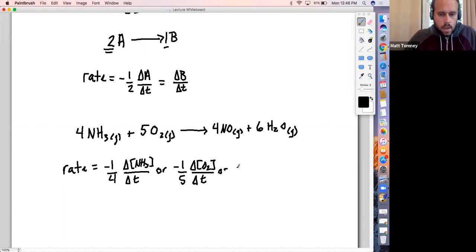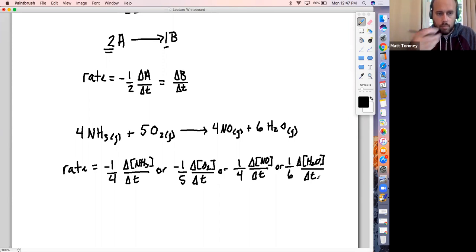Or I could represent it as 1/4 without a negative because this is a gain in products, the delta of the nitric oxide over change in time. And again, I could put or, we have 1/6 the change in concentration of water, again, over change in time period.